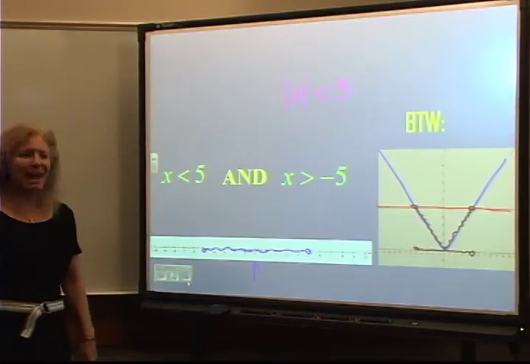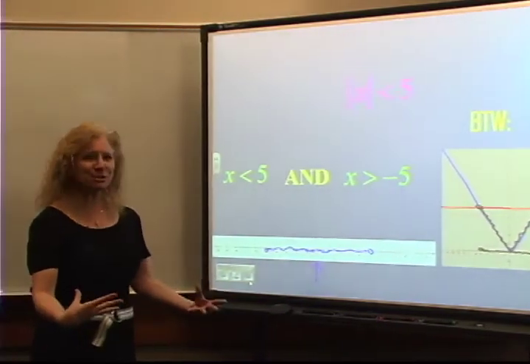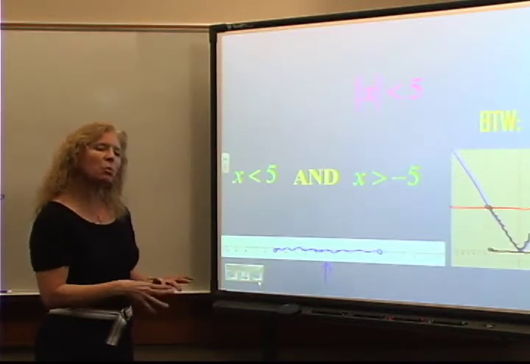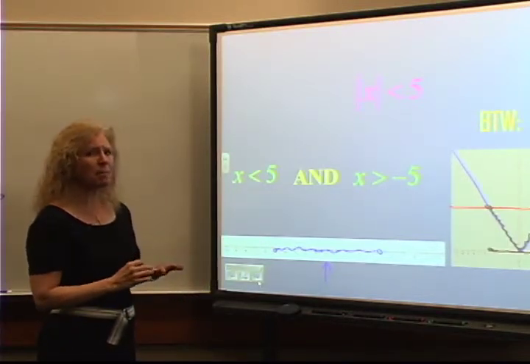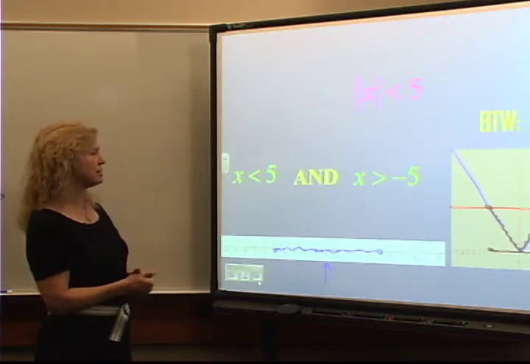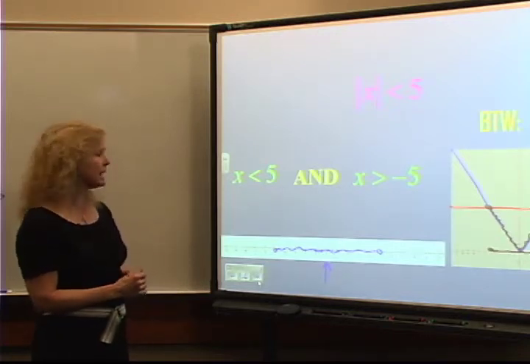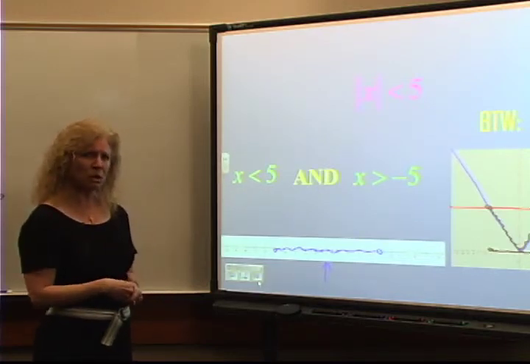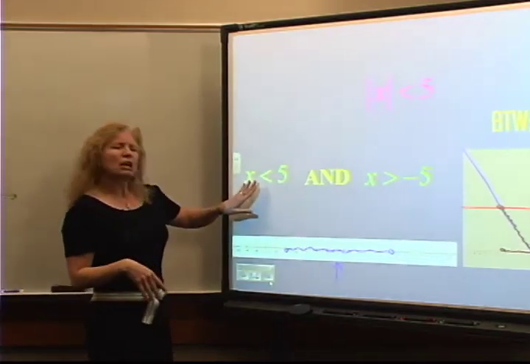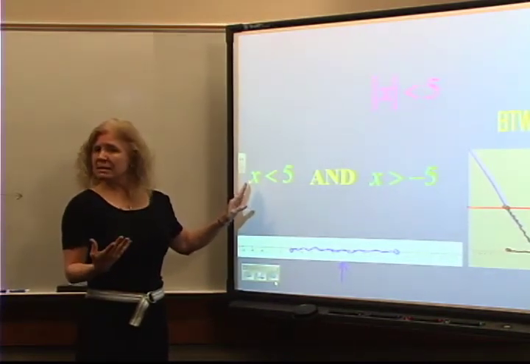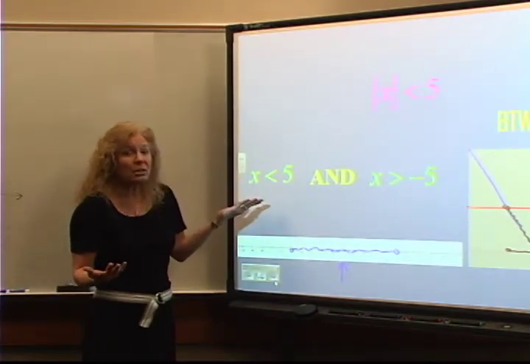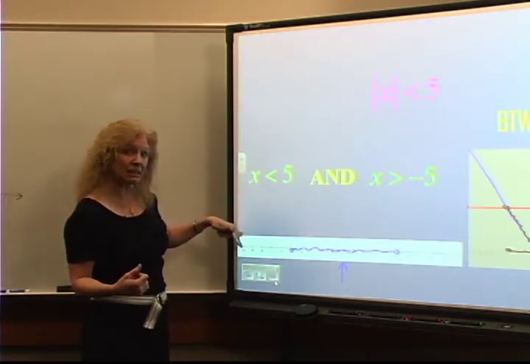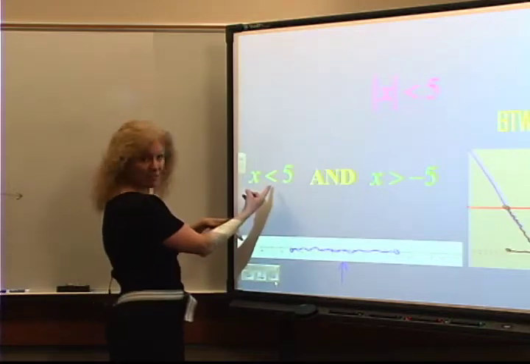Now, I know that in math sometimes you get so frustrated with words. In logic, the word and the word or have very important meanings, and they change things. In this particular case, I have to have both of these numbers true. Now, here's why. If you simply take numbers less than 5 or greater than negative 5, I could take a number, say, negative 10, because that would be less than 5.